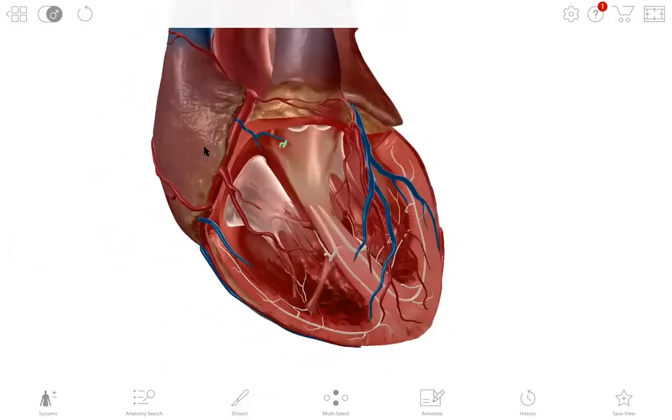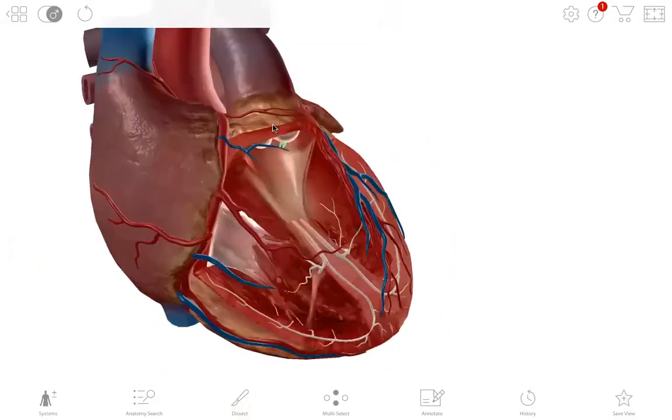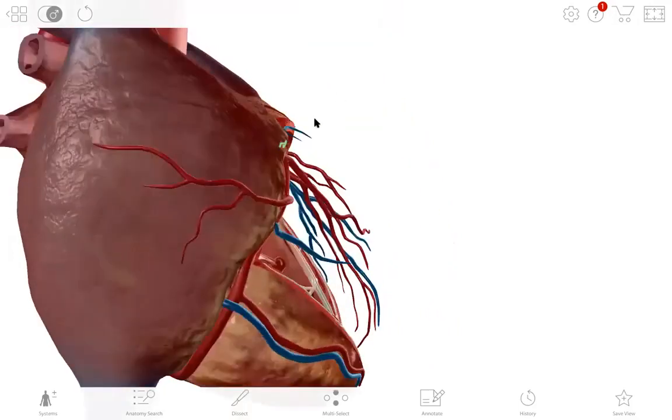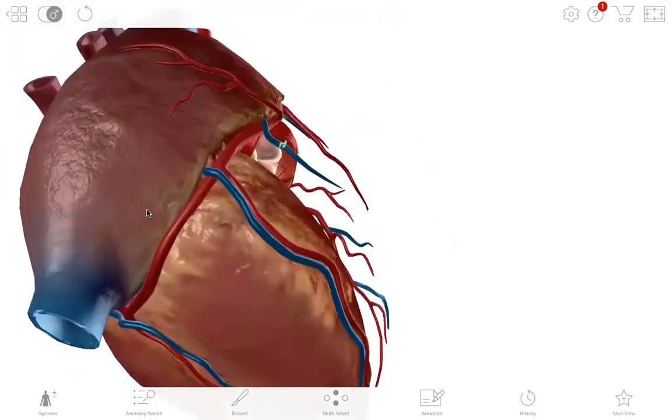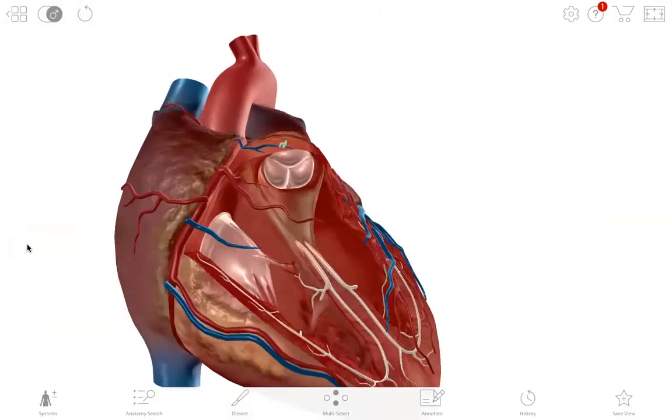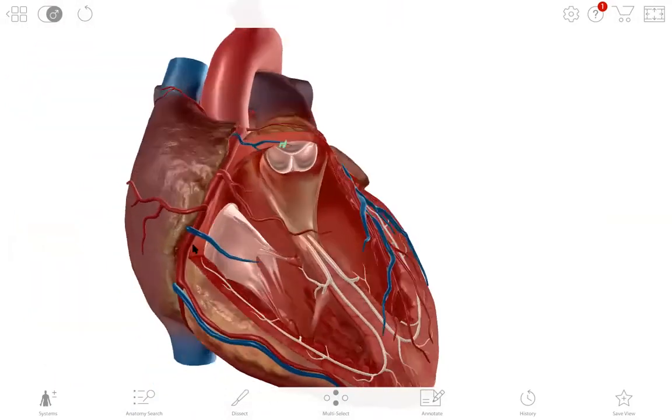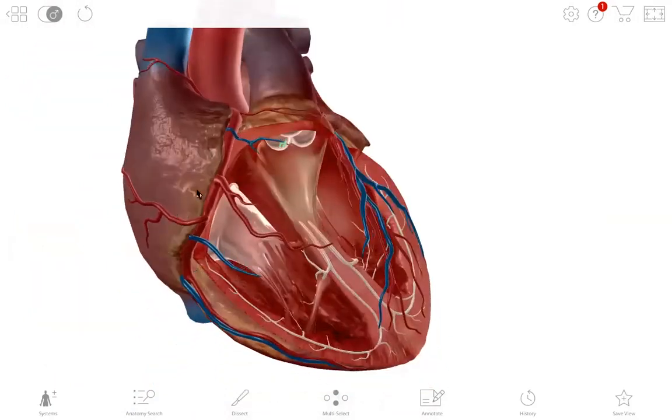The openings in the right atrium are the superior vena cava above and the inferior vena cava below, and an opening for the coronary sinus near the inferior vena cava. What is the coronary sinus? The veins of the heart, the blue ones you see, ultimately drain into the coronary sinus.